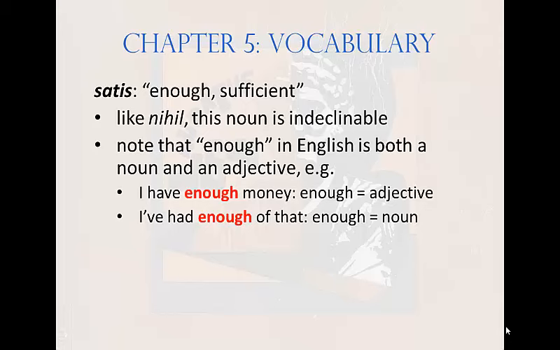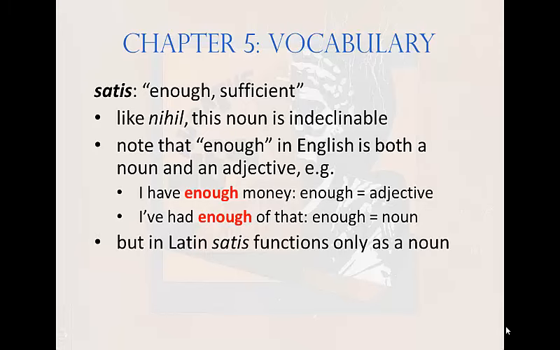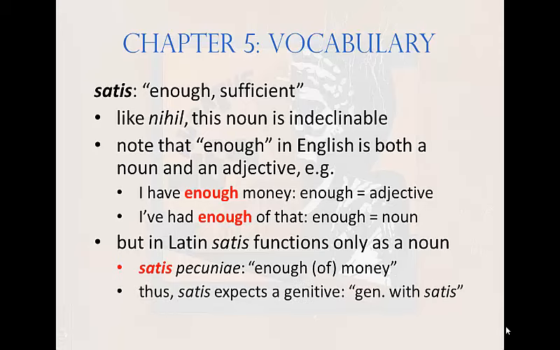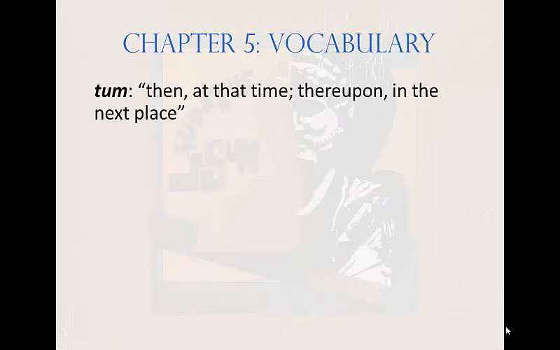In this sentence, enough is a noun. But in Latin, satis is only ever a noun. In other words, you always have to say satis pecuniae, enough of money. Note that satis is often followed by a genitive, and for the time being, we'll call that a genitive with satis until we learn the technical term later, the partitive genitive.